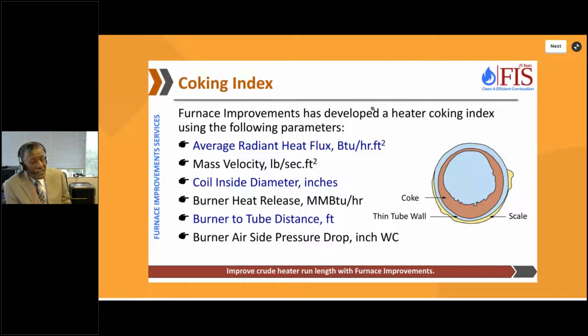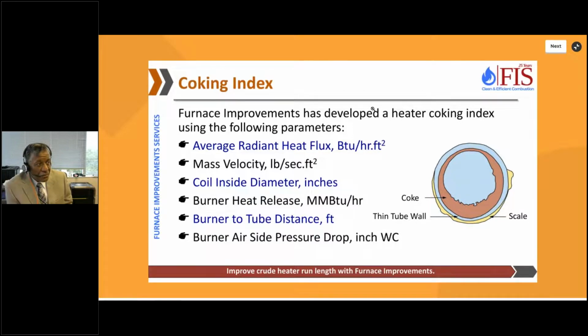So we said, what are the parameters you need to be focusing on, especially if you are buying a heater? You're looking at average radiant heat flux, mass velocity, coil inside diameter, burner heat release, burner to tube distance, and burner air side pressure drop.